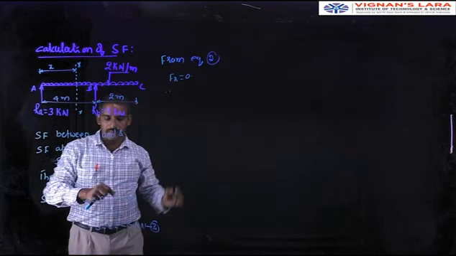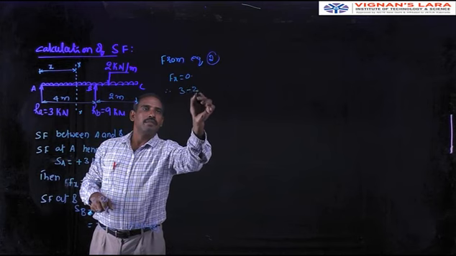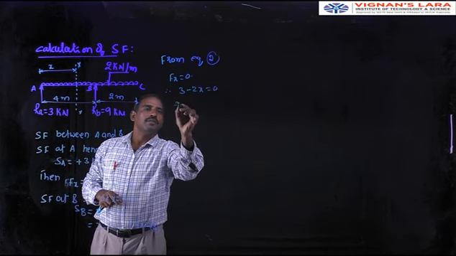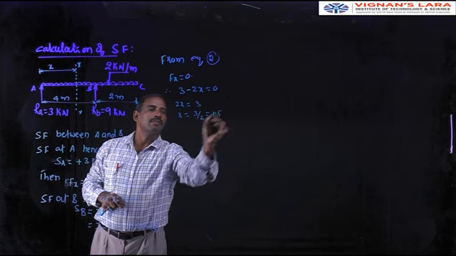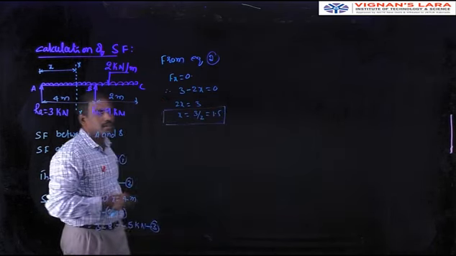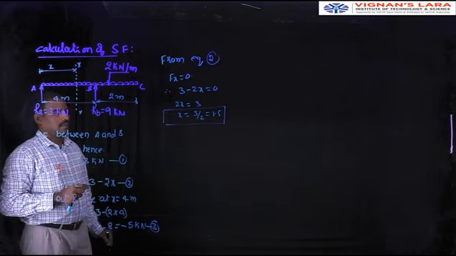Therefore, 3 minus 2x is equal to 0. So 2x is equal to 3, x is equal to 3 by 2, that is 1.5. I think the shear force is 0 at a distance 1.5 meters from end A.